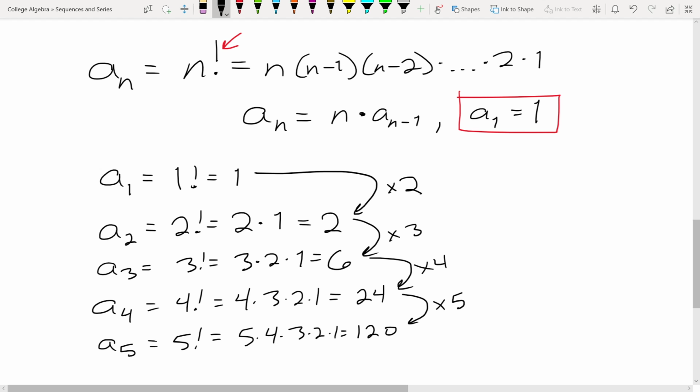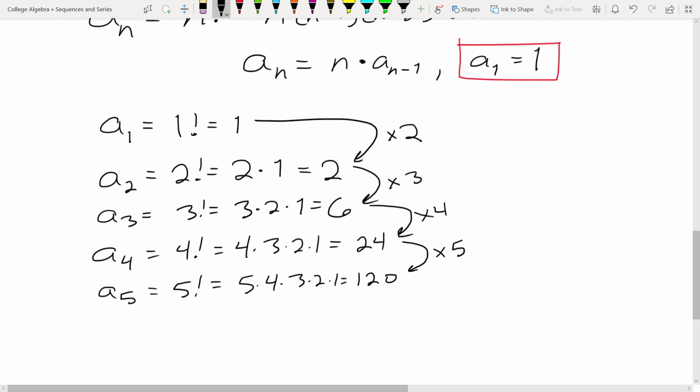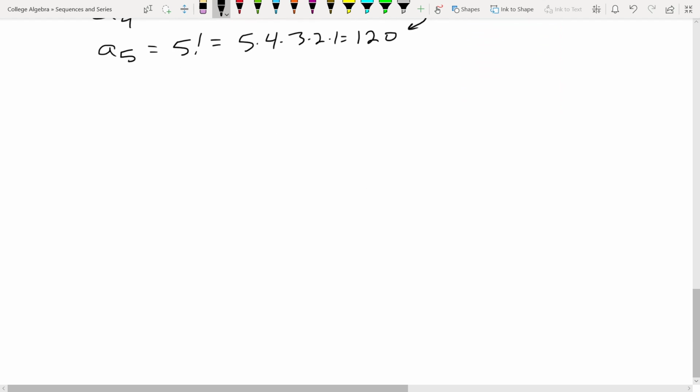Okay, let's use this in a problem just to kind of simplify things down. We're going to look at this problem here. And there are reasons why I'm looking at this problem.